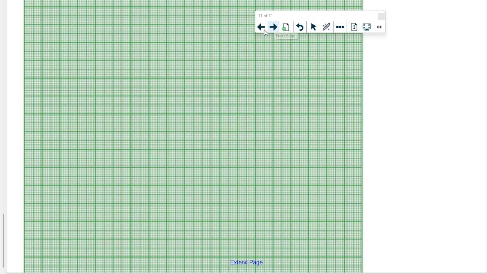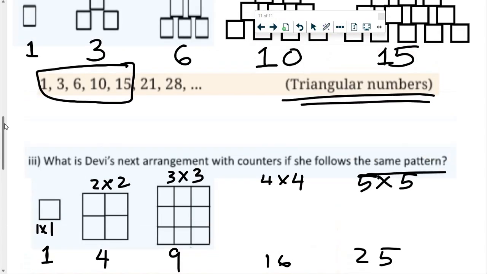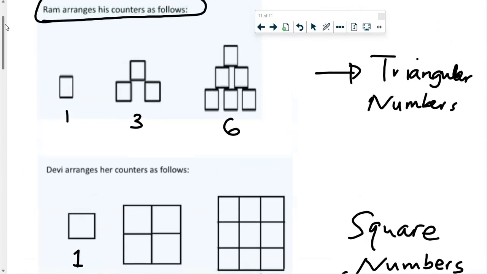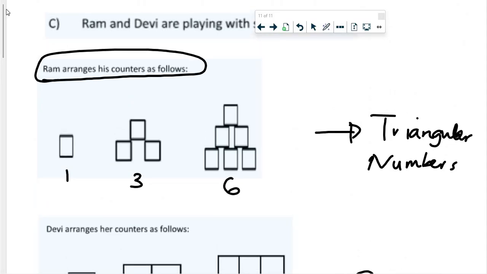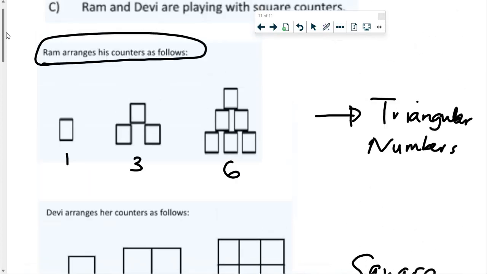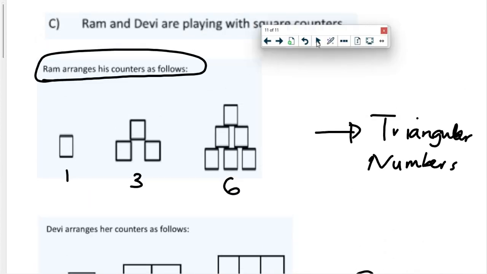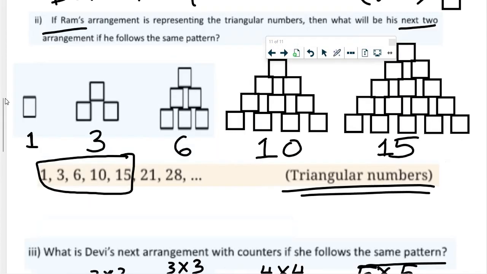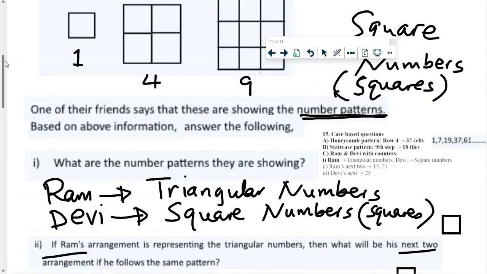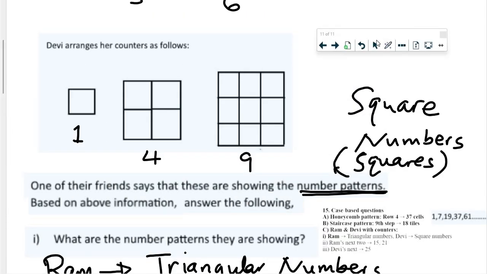Let's go to the last question. Do you have the last question? Let me see. Okay. Is there anything I skipped? Let me go back.